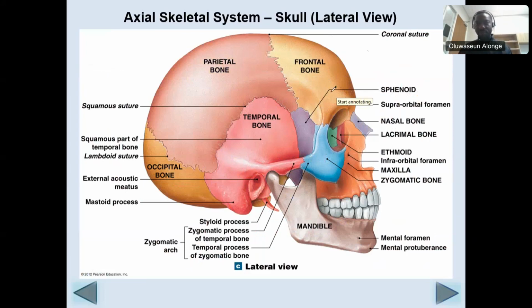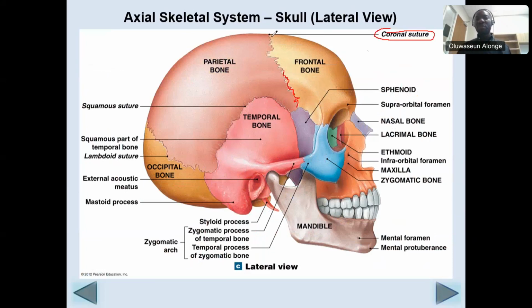So when you see the frontal bone, you see it connecting with the parietal bones. This connection, we call it the coronal suture. Now, suture simply means it's like weaving. It's like things are joined together, sutured together.